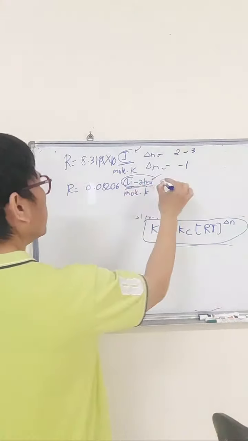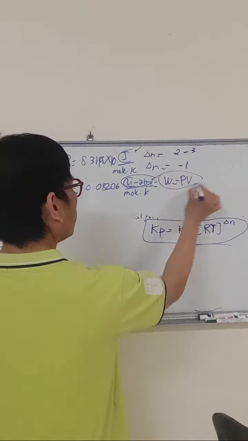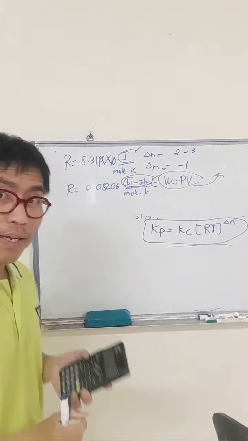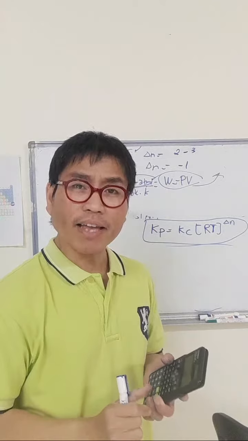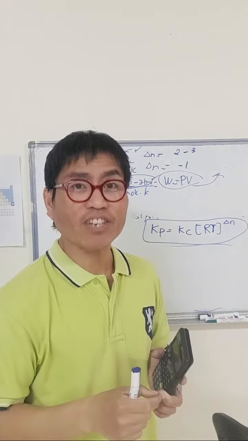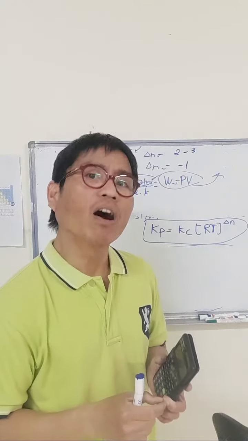So a liter atmosphere. Work is equal to pressure times volume. That's why it's the numerator, and this is taken from thermodynamics. That's why we have the formula PV equals nRT. So actually, the PV there is coming from thermodynamics.